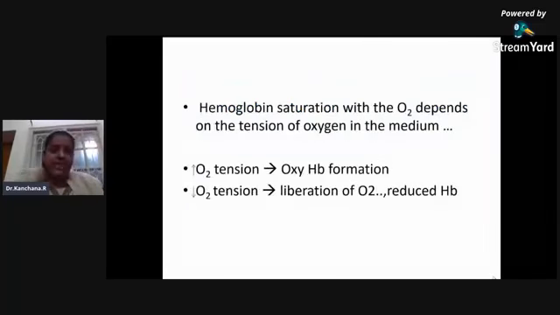Hemoglobin saturation with oxygen depends on the tension of oxygen in the medium. When PO2, that is oxygen tension, is increased, oxyhemoglobin formation is enhanced. When the PO2 decreases, there is liberation of oxygen and reduced hemoglobin is formed.